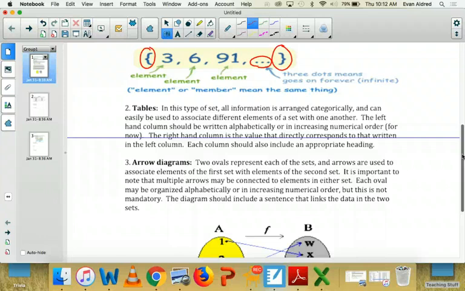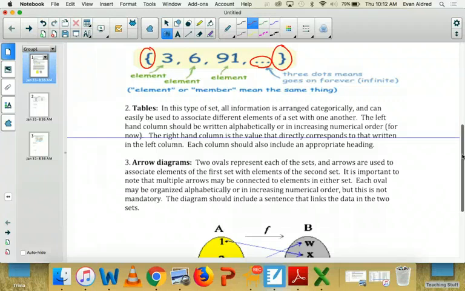It should be written alphabetically if we're dealing with words, or in increasing numerical order, so smallest number to biggest number, if we're dealing with numbers. This won't always be the case, but it's going to help us later on in this unit. So when we're organizing data in tables, the left-hand column is arranged alphabetically or in increasing numeric order. The right-hand column will just be the value that corresponds to the left-hand column. We'll see what this looks like when we do some examples in a little bit.